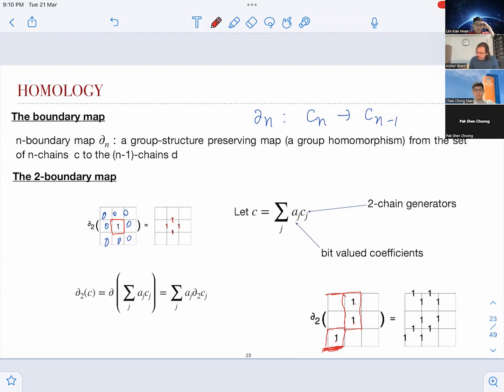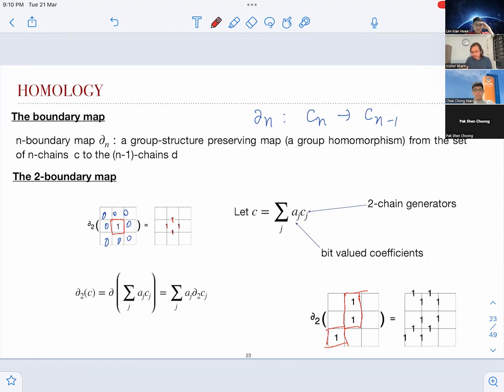So you assign here or here, both are the same. So you see that it's nothing but just looking at the boundary. You are just interested in the boundary, and that's what this boundary map gives you.